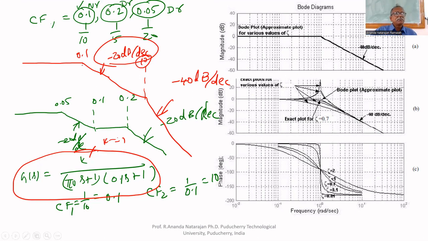Therefore, this is the plot. Without doing any calculation, we can draw the Bode plot. Actually, this way we have to draw the Bode plot. From an examination point of view, we need some data for the examiner. That's why we will see a systematic method to draw this Bode plot in the next class.